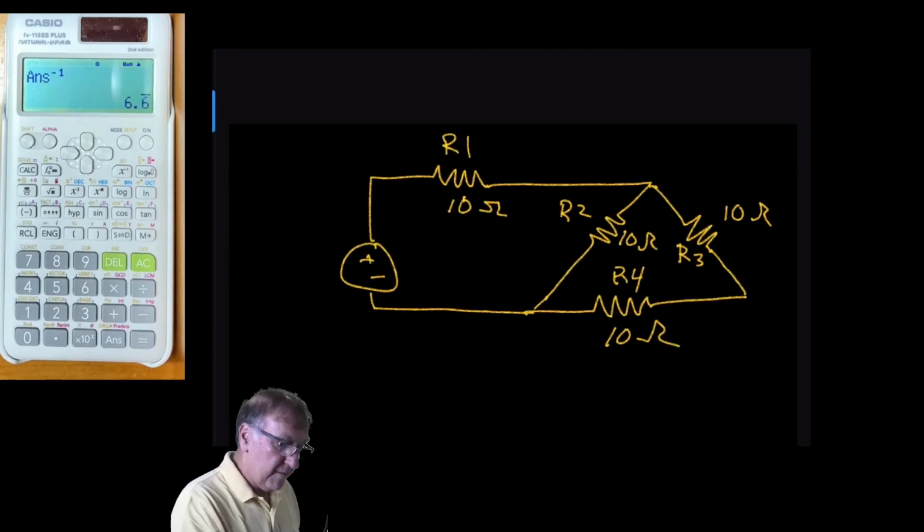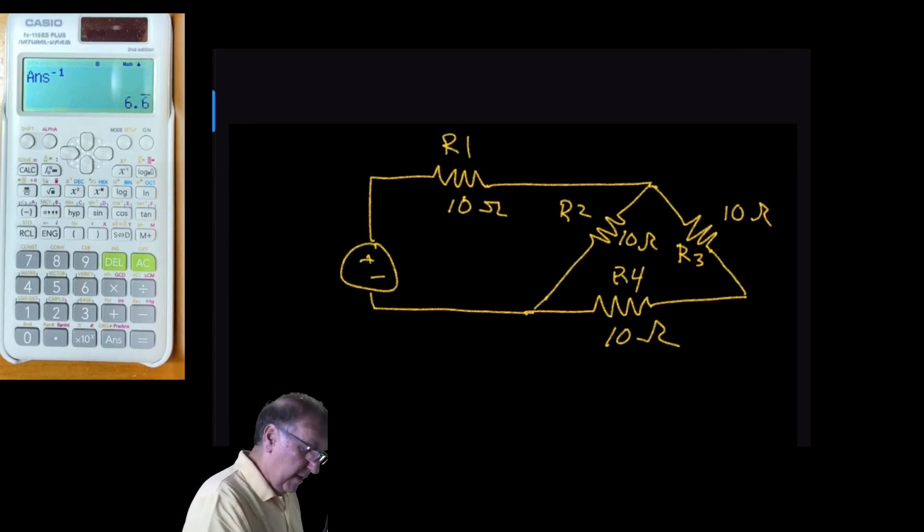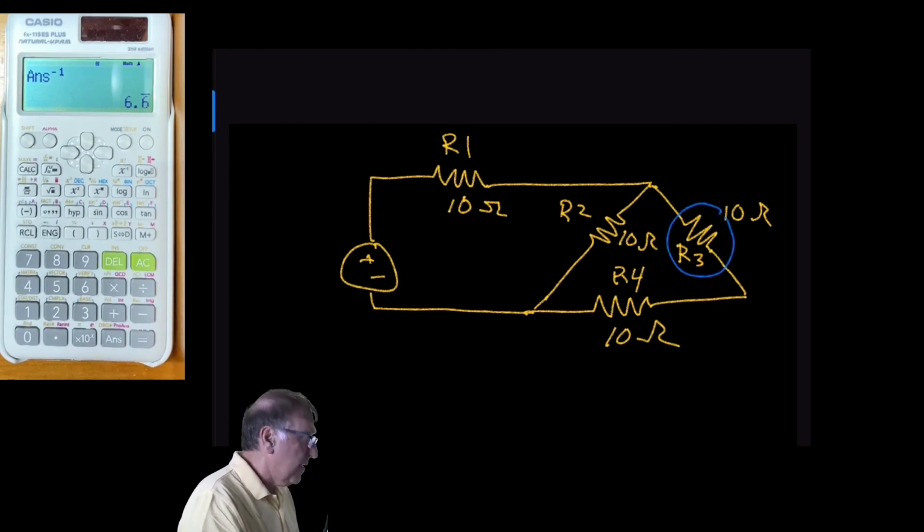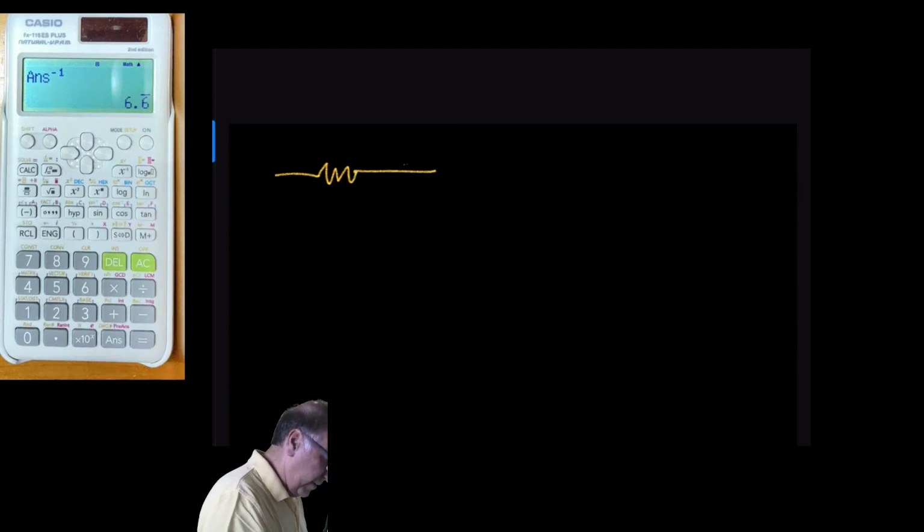For example, we have this circuit, and we want to solve for the power of R3. Redrawing this looks like this. R1, 10 ohms. R2, 10 ohms.